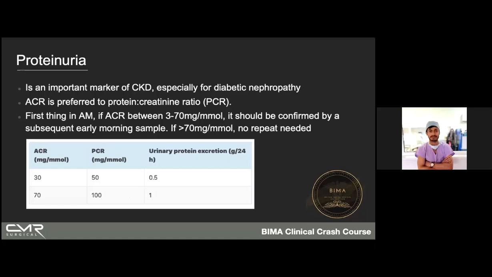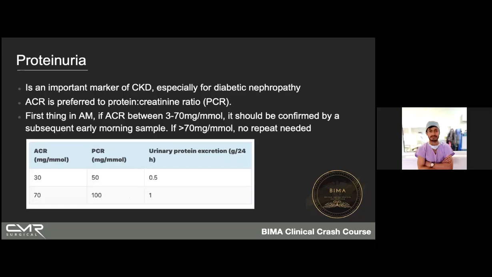And you might be thinking, how do you perform an ACR? The way that you perform an ACR is by collecting a spot sample. A spot sample basically avoids the need to collect urine over a 24-hour period. You just do it once, and that's the spot. It should be a first thing in the morning specimen, and not during the day or at nighttime.